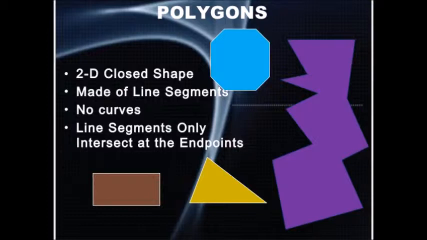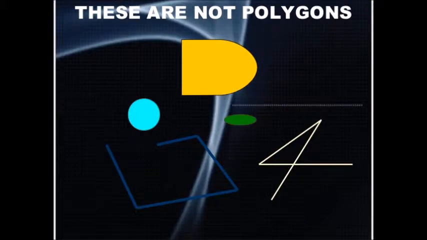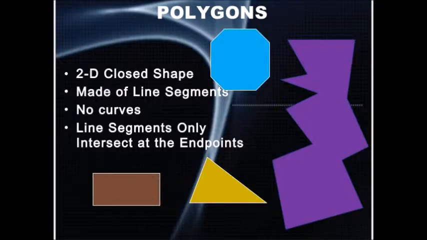They're made of line segments, no curves, and the line segments can intersect only at the endpoints. So the object on the right is partially closed, but it also doesn't intersect at the two endpoints. We have two endpoints that are free.